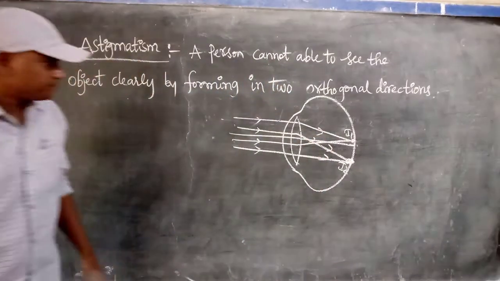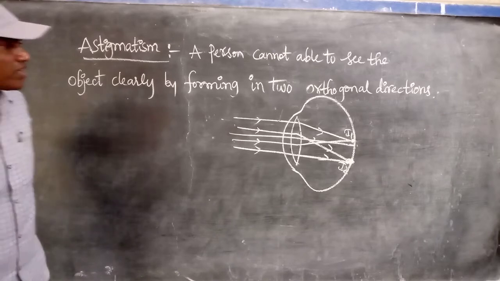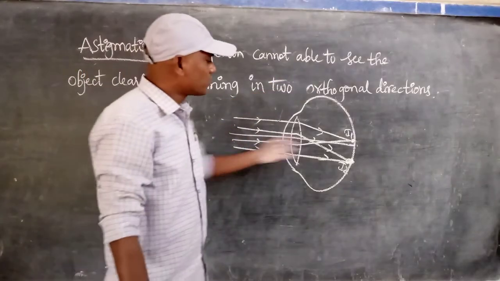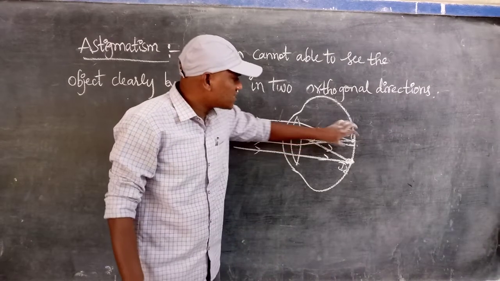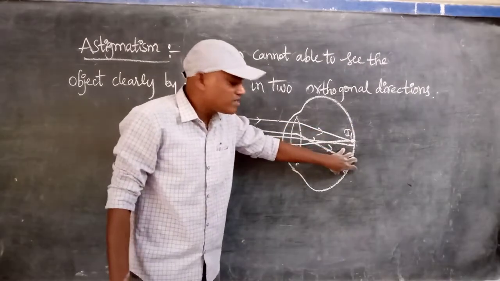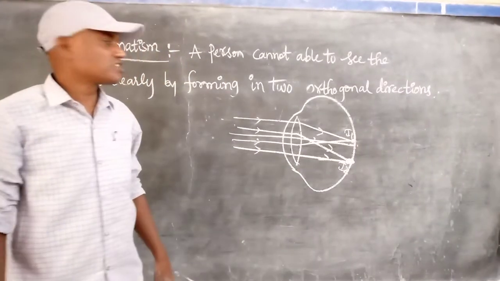Like this. So 2 rays meet at one point, 2 rays meet at another point. Some of the rays meet at one point, some at another point. That's why these two are in two orthogonal directions.